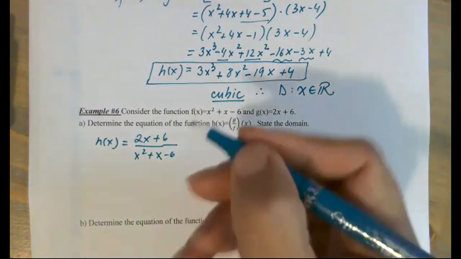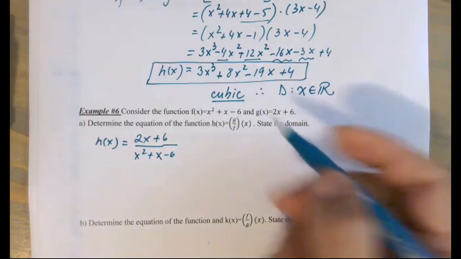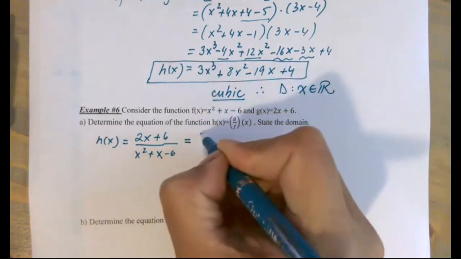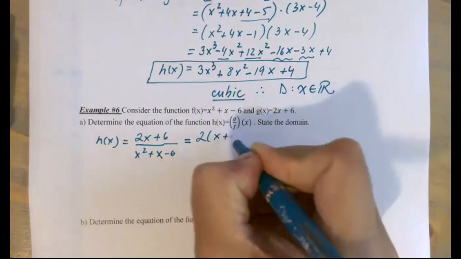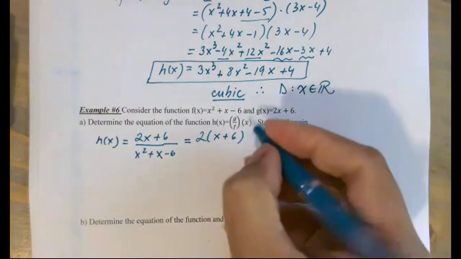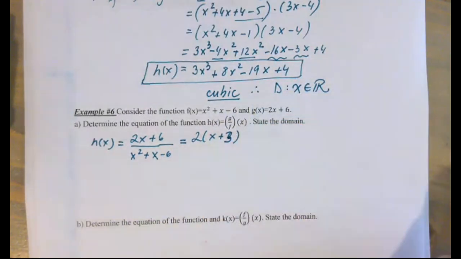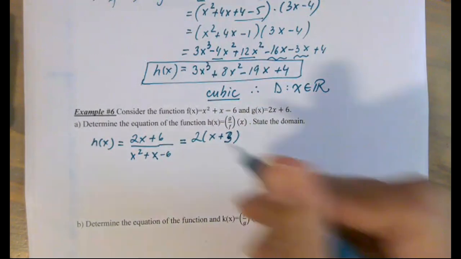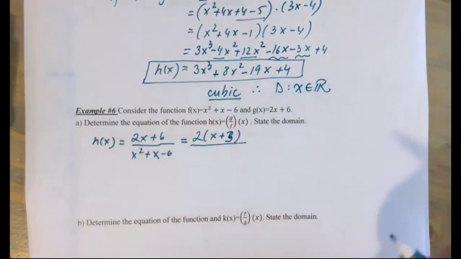So for that reason, before I can get to the domain, I would factor anything that I can. At the top, since it's a binomial linear kind, I can only factor out the 2. So 2 in front and in bracket x plus 3. So that's a simple GCF factoring.